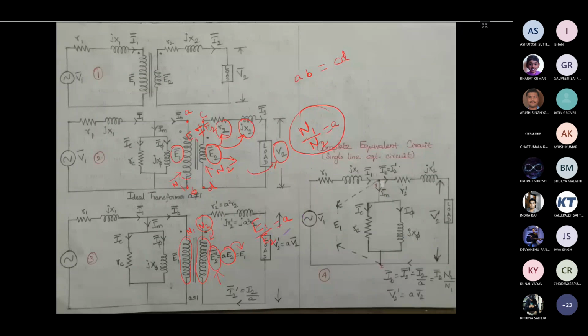So if I want E2 to be equal to E1, obviously E1 is equal to E2 into a. That's what I have done here also. So N2 becomes a into N2. Let us consider N2 dash, where N2 dash is nothing but N2 into a. If I make N2 into a, whatever EMF is induced in this winding will be equal to that in this winding.